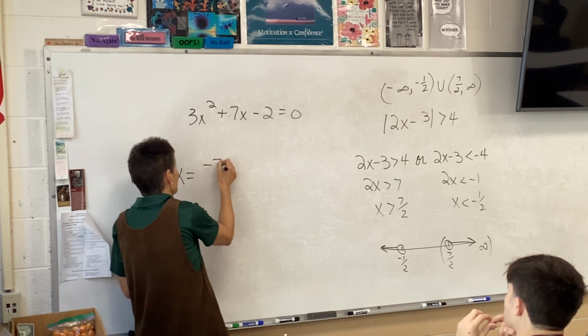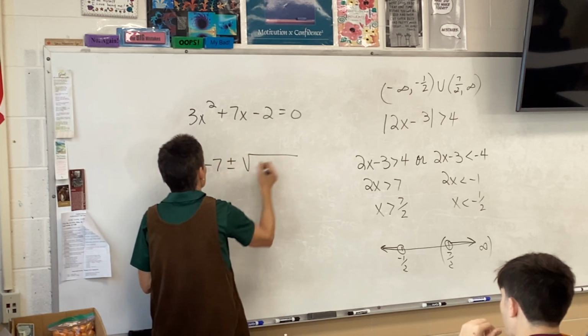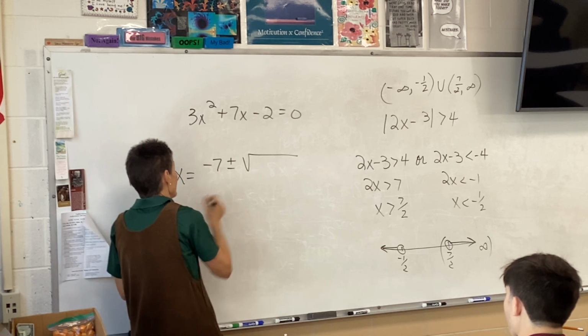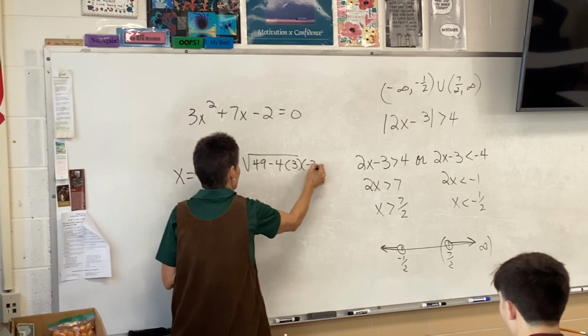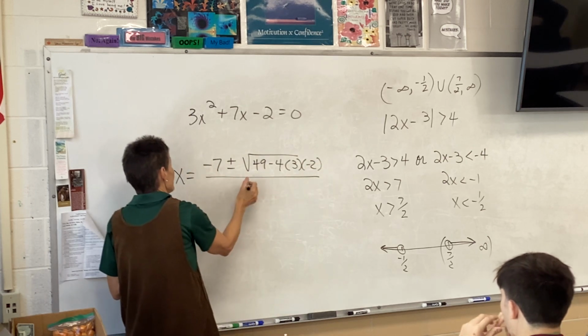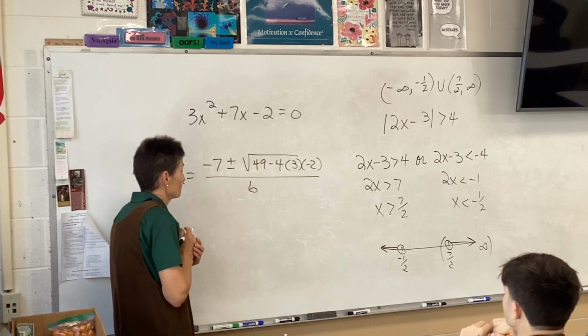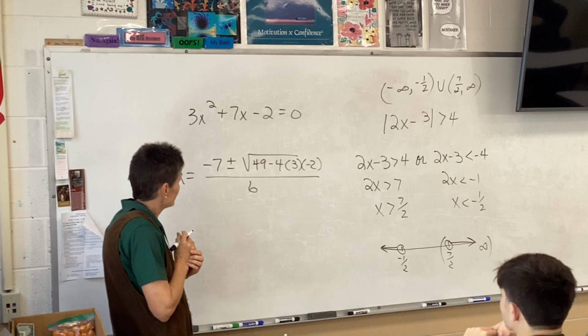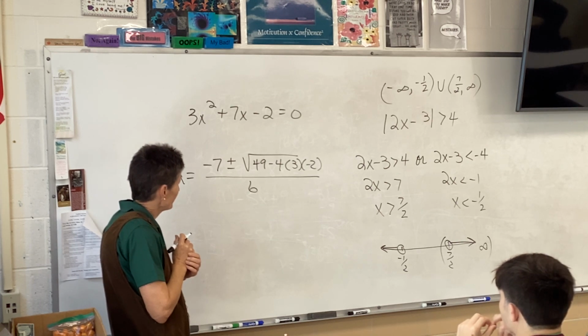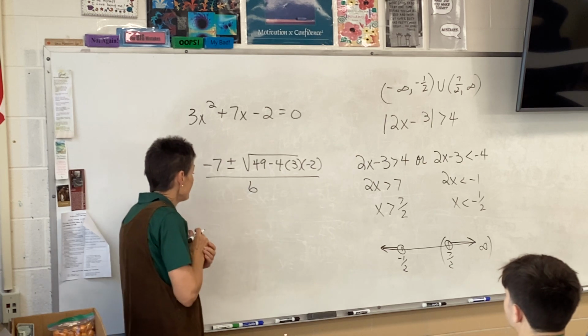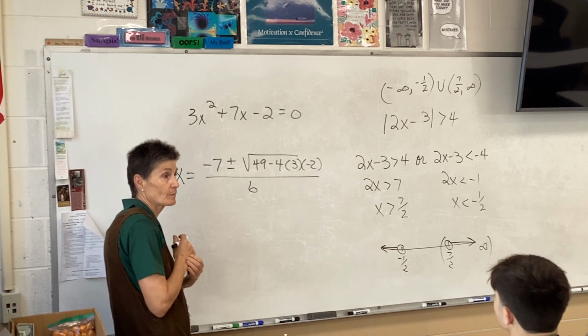So x equals negative b plus or minus the square root of b squared minus 4ac all over 2a. Okay, everybody okay so far?